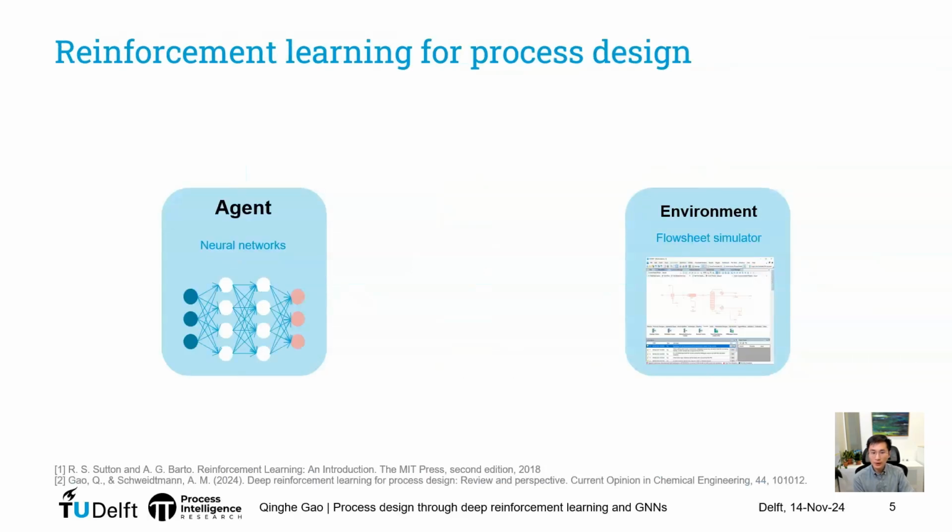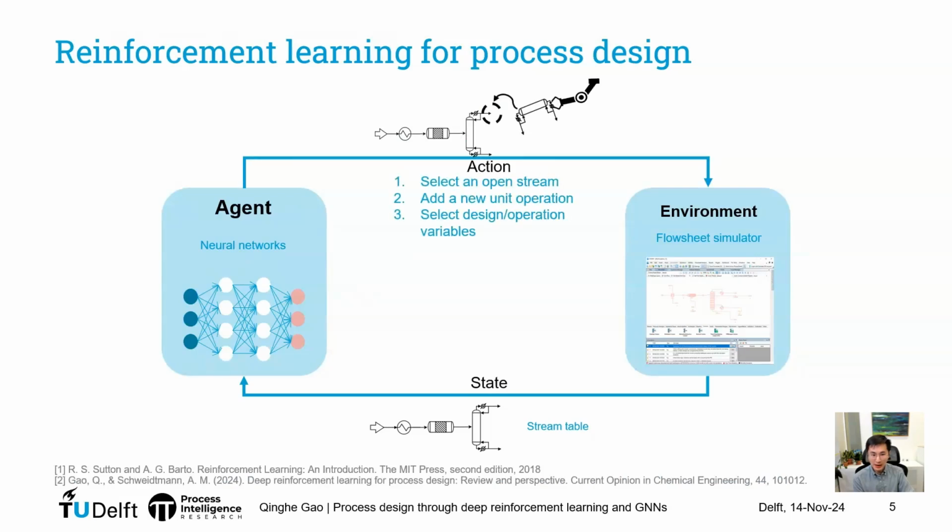In the context of reinforcement learning in process design, again, we have two components, agent and environment. The agent here you could consider as an artificial chemical engineer, and the environment is a process simulator. First, the agent gets the current flowsheet from the environment, and based on certain policies, the agent takes several actions.